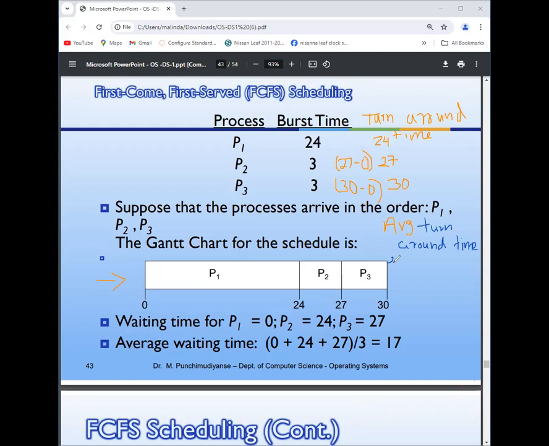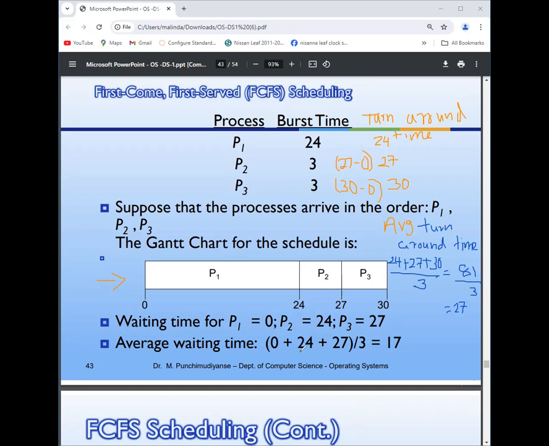That is 24 plus 27 plus 30 divided by 3. So that means 81 divided by 3, 27. Yes. Now you know how to calculate average turnaround time, right?